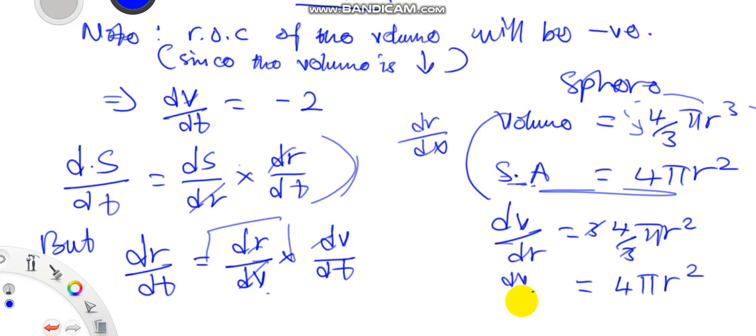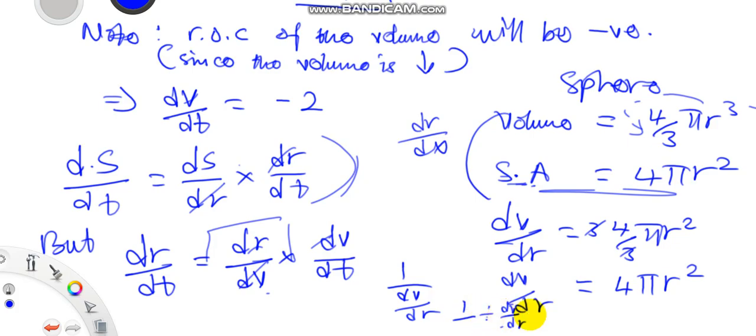So this is dV/dr. If we find the reciprocal of dV/dr, this is 1 over dV/dr, which is like saying 1 divided by dV/dr.